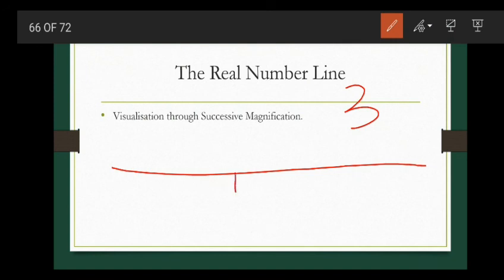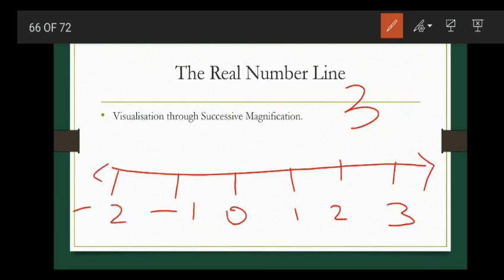We draw a number line with the integers equally spaced and find out where 3 lies. So 3 lies here. When you mark this point, that gives us the representation of 3 on a real number line.